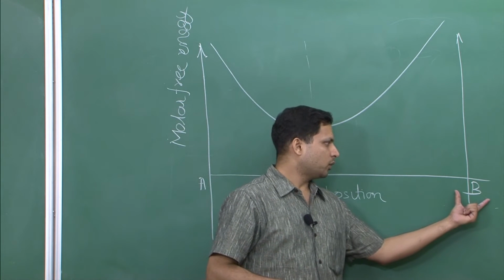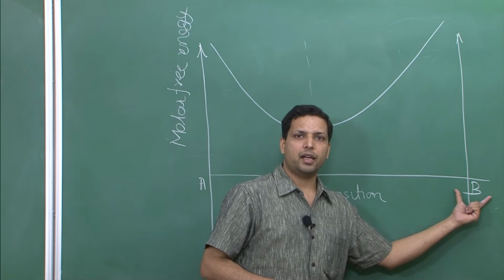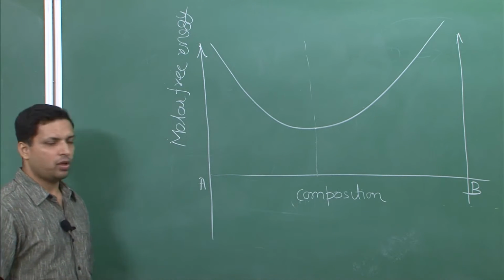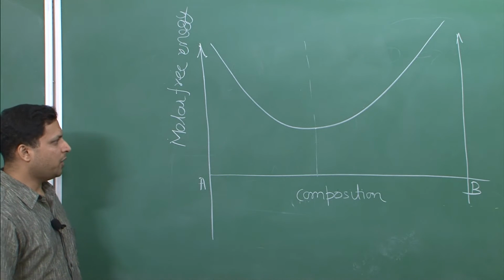We want to know the free energy for A and the free energy for B, and for that we need to invoke what is called chemical potential.